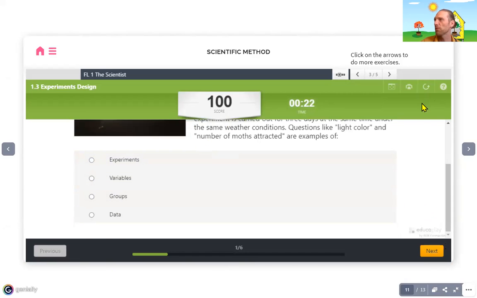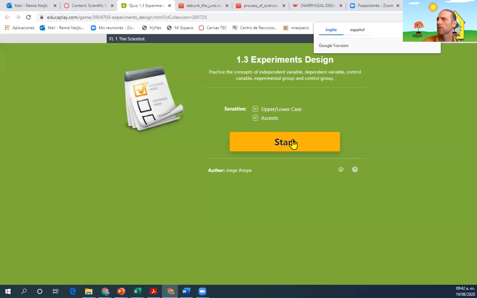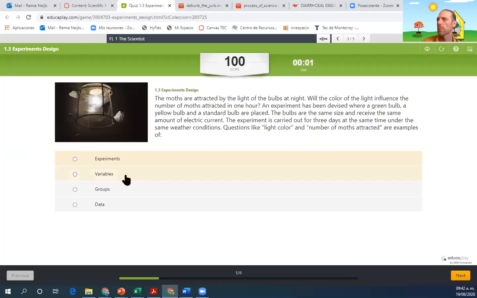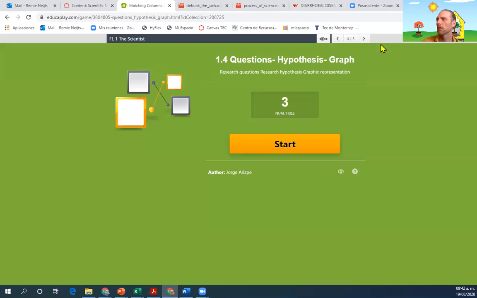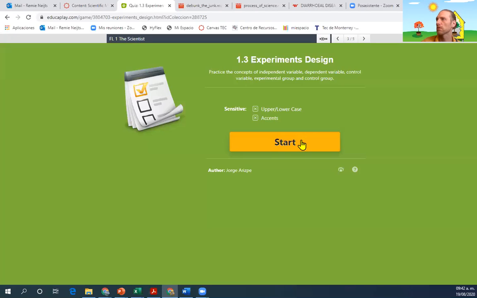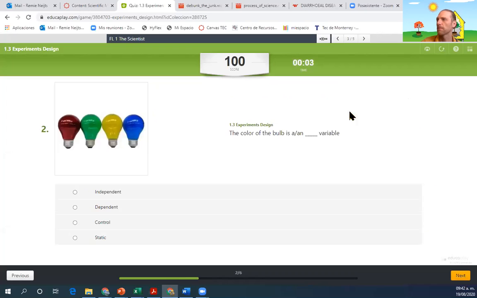It starts very simple. Full screen. So you click on it. And then you click next.